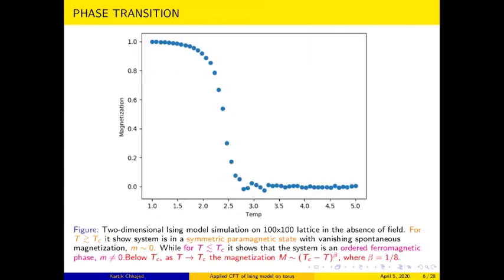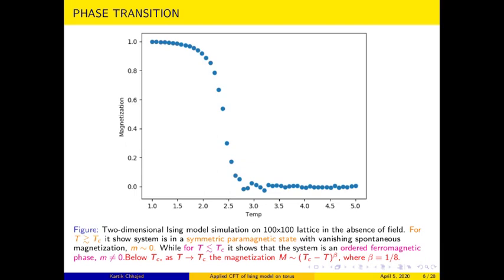So I plotted the graph of magnetization with temperature, and I got this. Below a certain temperature known as the critical temperature, the magnetization is non-zero. All the spins are trying to align in one direction, and above the critical temperature the system is in the disordered phase, which means that each spin is aligned in a random direction, and the average is 0.